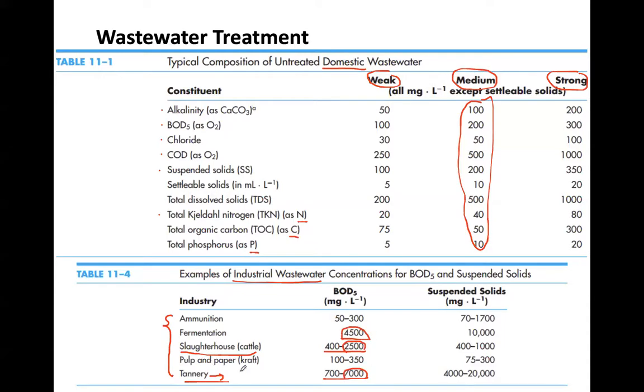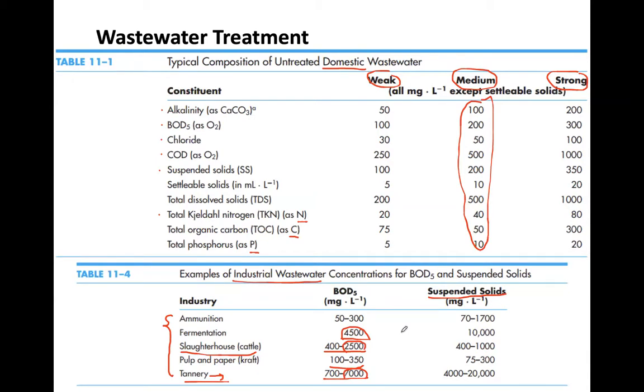But in terms of the pulp and paper, the BOD is relatively low, right? And because of that, for different industry, they can use some pre-treatment to deal with the BOD5 and also the suspended solids before they discharge them into the wastewater treatment plant. So this is going to do a big favor for the wastewater treatment plant.